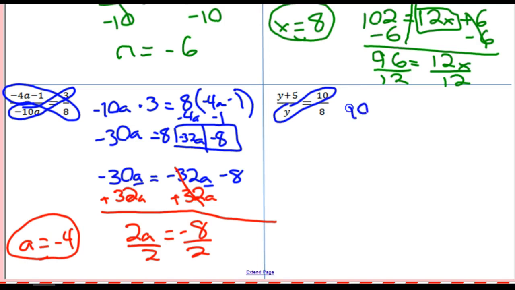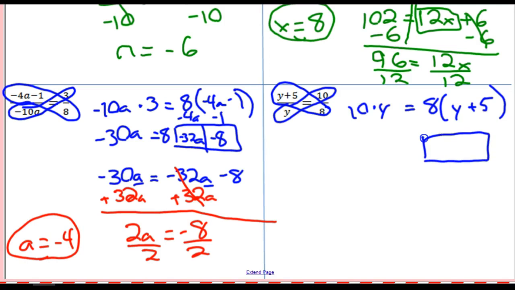Here we do 10 times y, and 8 times y plus 5. If we draw our box here, we have 8 times y plus 5. 8 times y is 8y. 8 times 5 is 40.